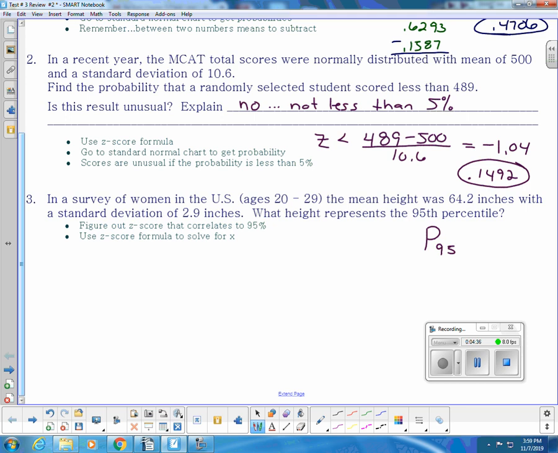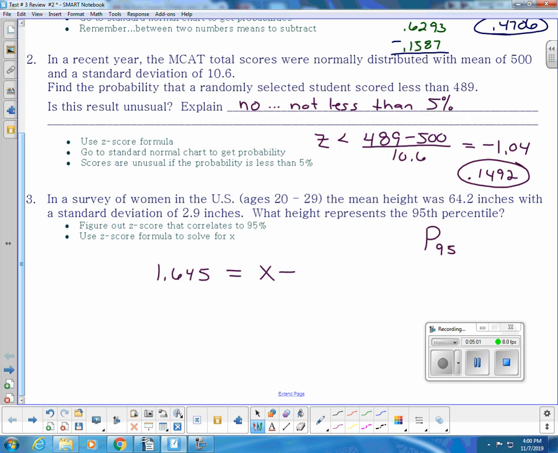Keep in mind, if it splits it pretty evenly, you take the two z-scores divided by 2. When I find 0.95 on the chart, it's in between, so the z-score it represents is 1.645.